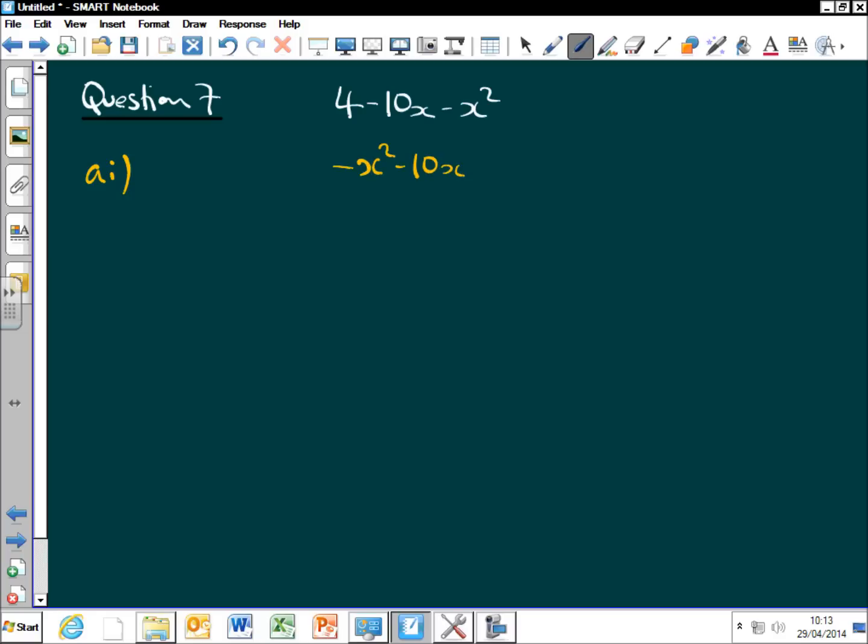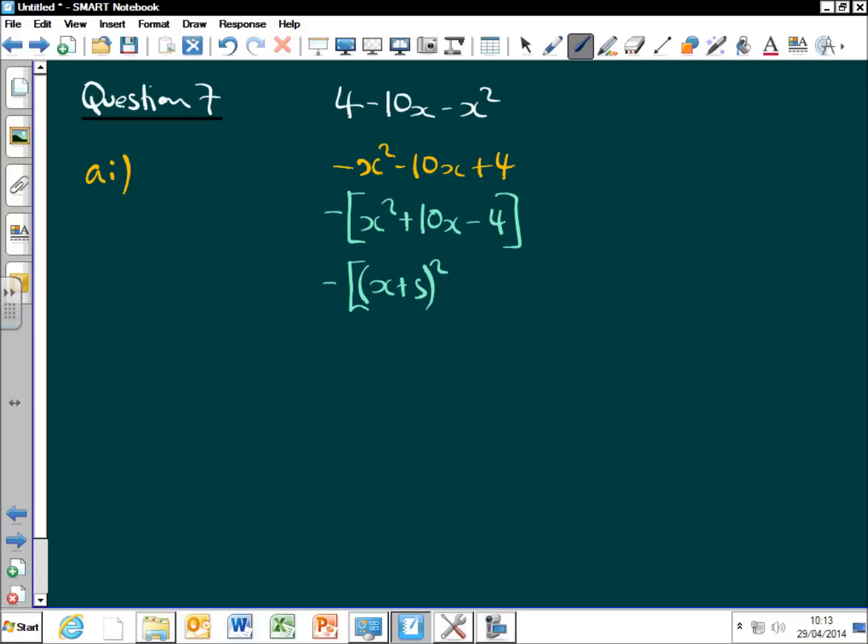like this. Okay, and we want to complete the square. That's the form that it wants it in. So to do that, we want to take that negative outside, so factor it out, like that, and then complete the square of what's in the brackets and keep the negative outside until the end. So completing the square, it's going to be (x plus 5) squared.